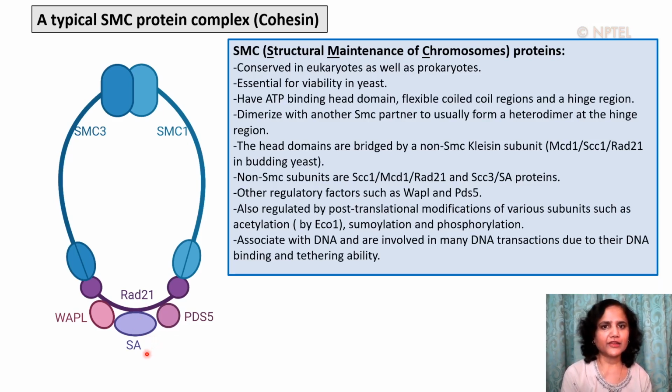There are other regulatory factors associated with cohesin such as WAPL and PDS5, and this complex and also the other SMC complexes are also regulated by post-translational modifications of various subunits, such as acetylation in case of cohesin by ECO1, sumoylation and phosphorylation.